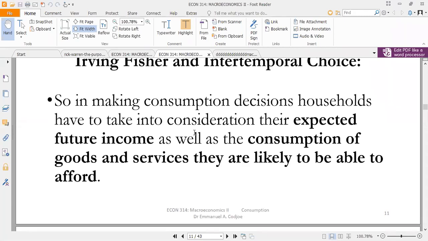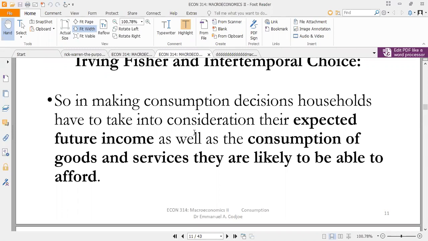So your current consumption will be based on one, your current income and your future income, and two, the amount of goods and services that you can afford today and what you can afford tomorrow. And the affordability depends on the prices of the goods that you want to consume.